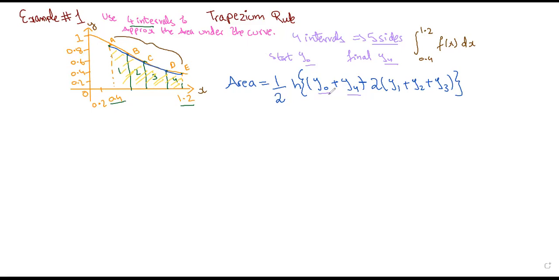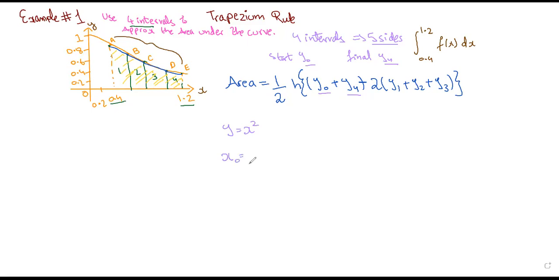So you have to write down a formula of the area as per your question. Now we need to know what our y0s are. In this case particularly, you are given a scaled graph. Although my graph doesn't look scaled, either they would give you a function, let's say y equals x squared, and you will know your x0.